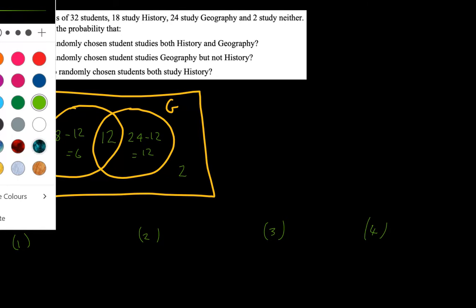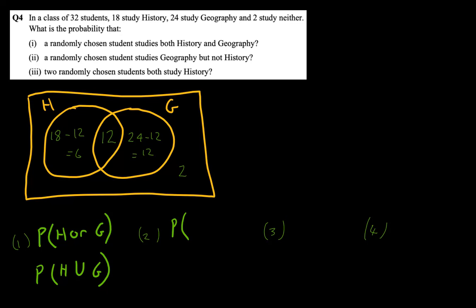Okay, so I would like you to calculate, let's use a nice thick one, the probability of history or geography. If you remember, we wrote that as probability of H union G.